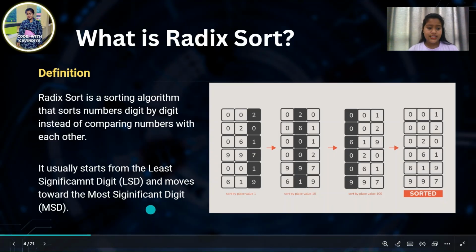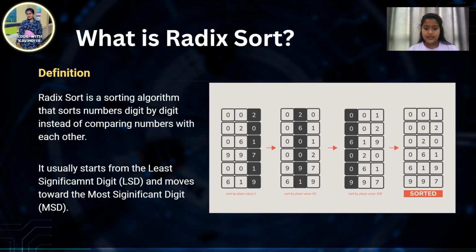Notice how in each pass, first place value 1, then place value 10, then place value 100, the list becomes progressively more organized until completely sorted.